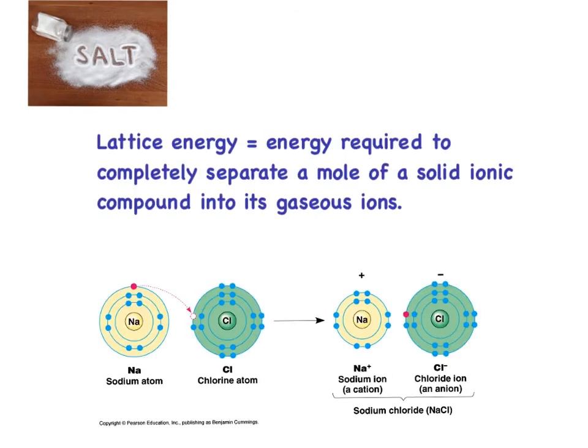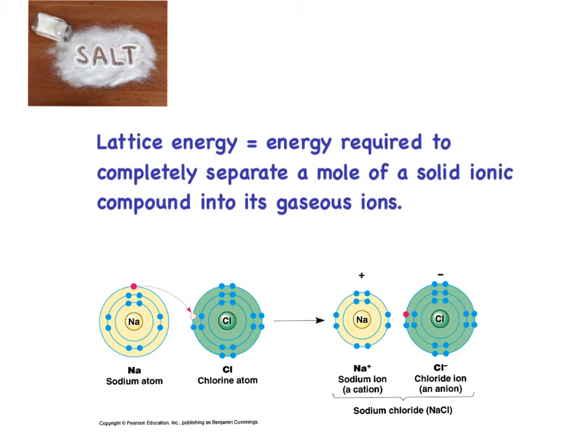And we can give a value to just how stable that new salt compound is, and we call that lattice energy. Or how much energy is it going to take for me to take my nice stable sodium chloride ionic compound and break it apart and separate it back into its sodium and chloride ions.